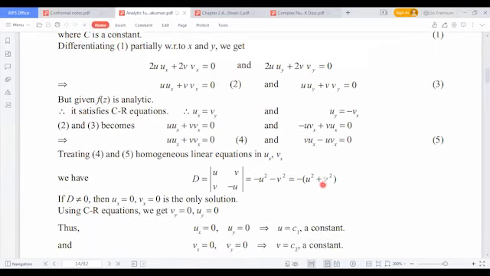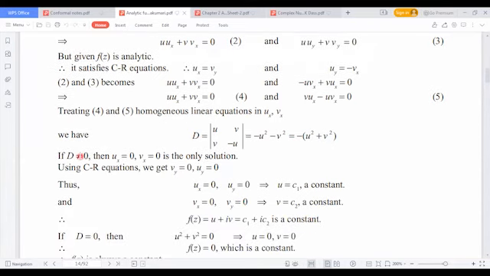Now, since equations 4 and 5 are homogeneous linear equations in ux and vx, all partial derivatives with respect to x, we take the determinant D of the coefficient matrix: u, v in the first row and v, minus u in the second row. So the determinant is, by cross multiplication, minus u squared minus v squared.